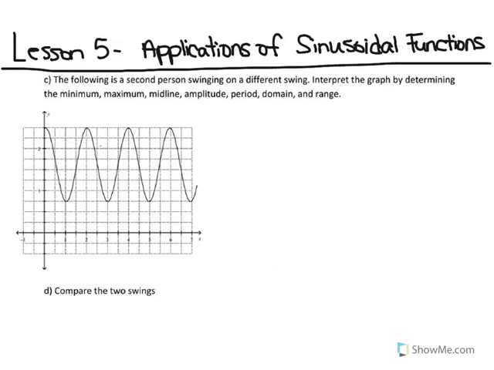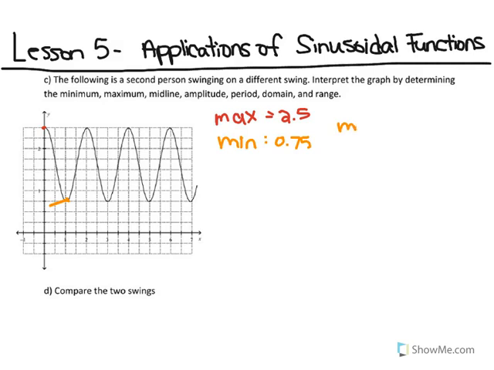Okay, part C asks us to compare a second swing. So we're going to find all of the information from the second swing. So our max is at 2.5 right here. Our minimum is down here at 0.75.